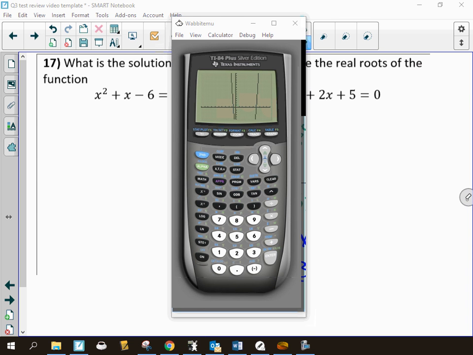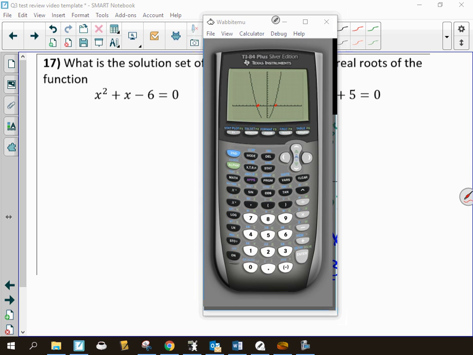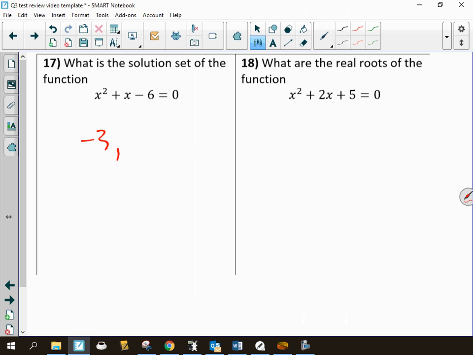Graph it, sorry. Y equals x squared plus x minus 6. And look at the graph, and the x-intercepts are the zeros, and when the equation is set equal to 0, those are the solutions. So my answers are -3 and 2.